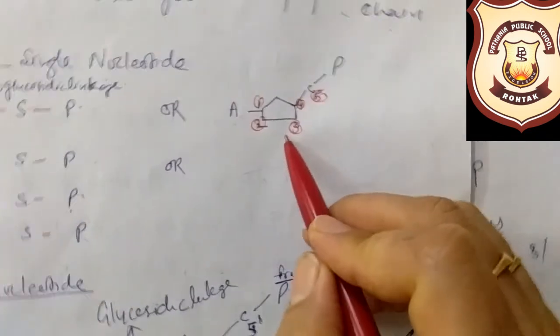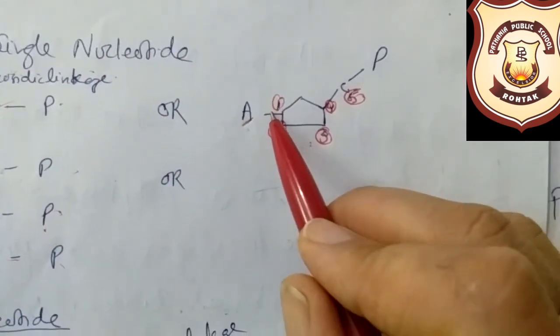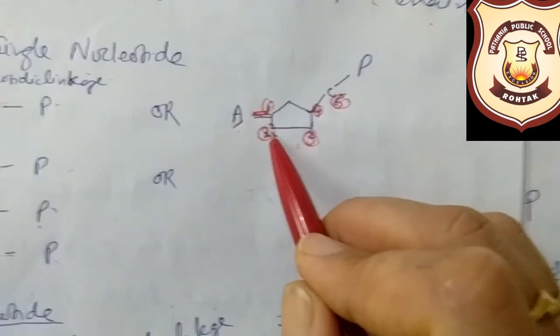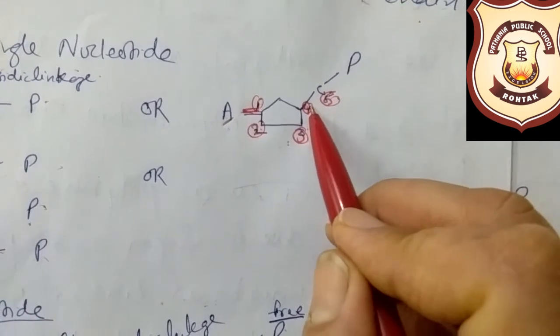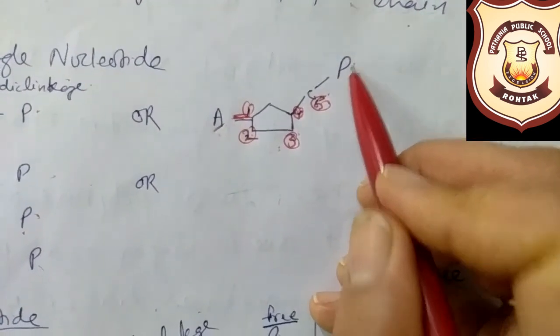This is second, this is the third, this is the fourth carbon, and this is the fifth carbon. Phosphate is present at the fifth carbon. So this is one nucleotide: nitrogenous base, sugar and phosphate. Same way all other nucleotides will be formed.